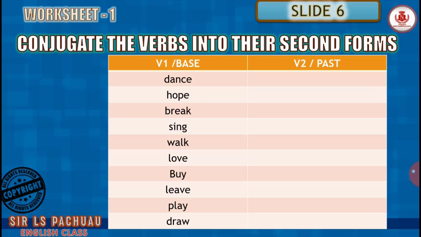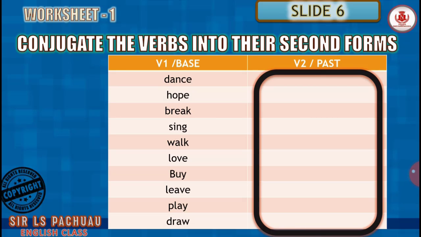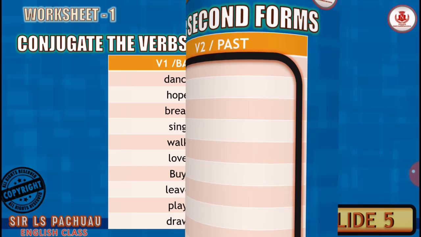You have to write the simple past form here. So you have to write it down like this: worksheet, conjugate the verbs into the second forms, and draw a table and answer here.